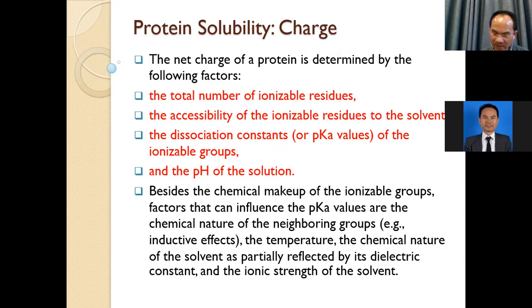The chemical makeup of the ionized group can influence the pKa value, since it depends on the chemical nature of the group, and the temperature of the solvent also affects the charge.